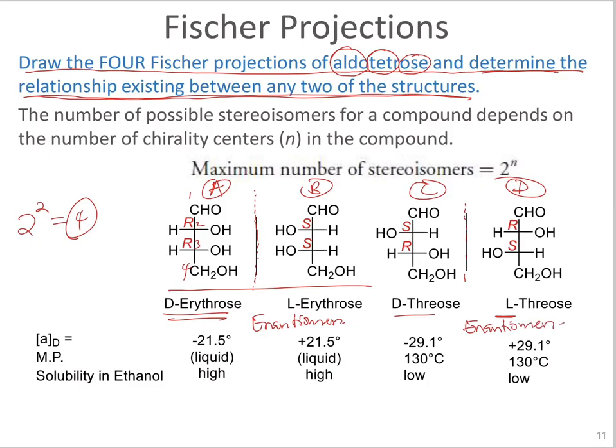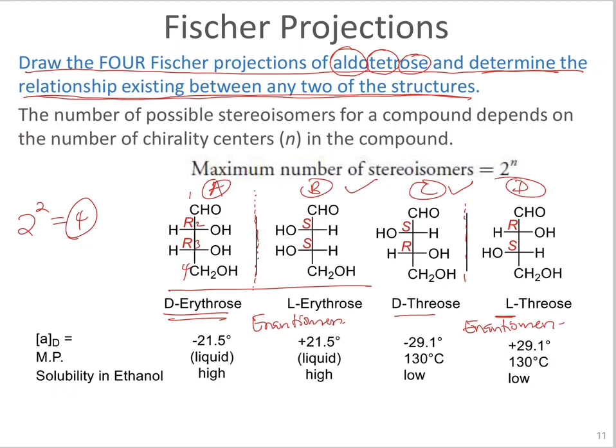However, if we take any of the structures, for example, if we take B and C, those are going to be, let us figure out what it's going to be. We know that they cannot be enantiomers, so they could be diastereomers, and we could also think of meso compounds. That is, if we can find an internal plane of symmetry.